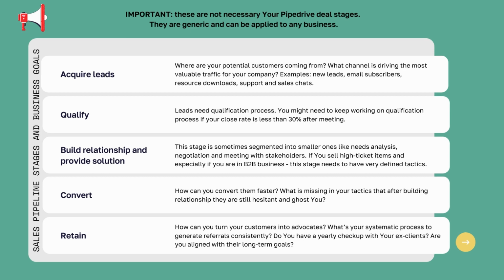In this case, these are very generalized 5 stages that should always be in a sales strategist's mind when thinking about tactics. Any business needs to acquire leads, qualify leads, build relationships with leads and provide a solution, convert leads, and then retain customers.